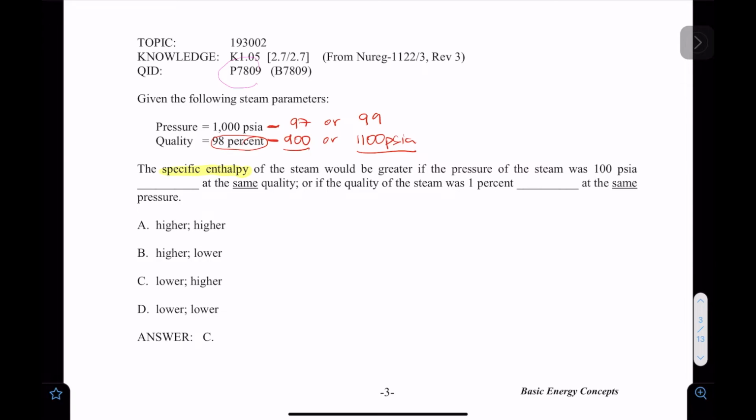This one is telling us, okay, so let's say that the pressure of the steam, which right now is 1,000, was 100 psi lower, meaning it can be 900, or higher, right?